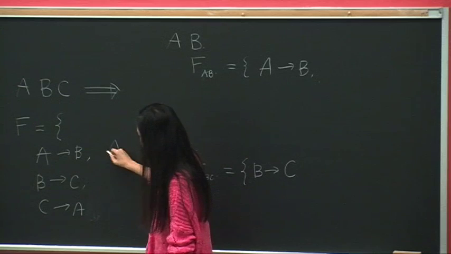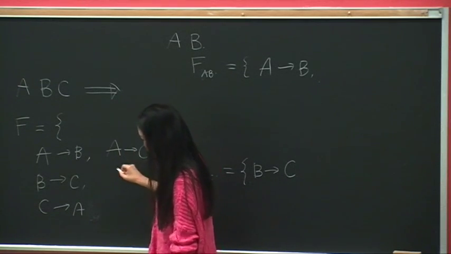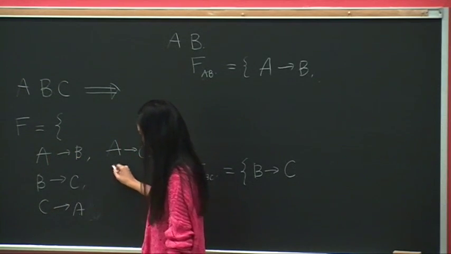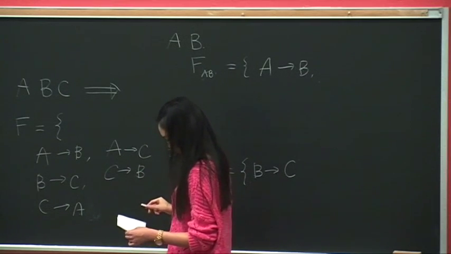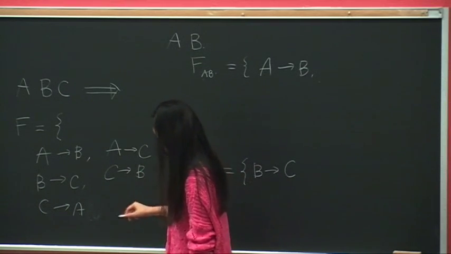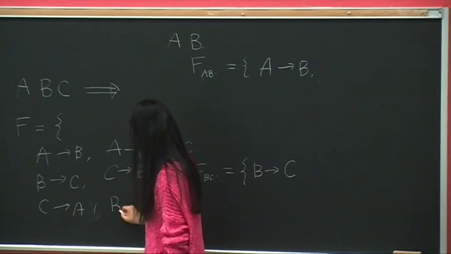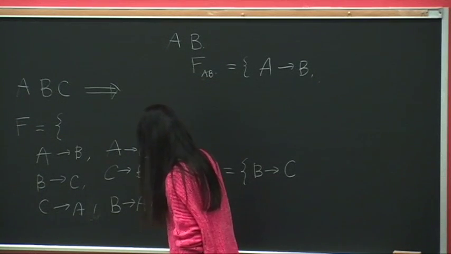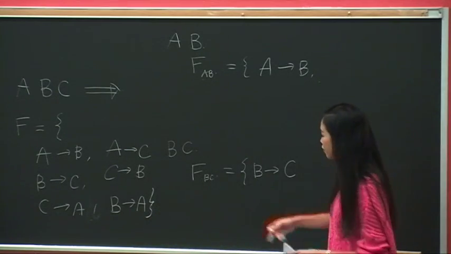We also have A determines C, and then C determines B. More? B determines A. Okay? So after applying transitivity in the Armstrong axioms, we have 3 more.